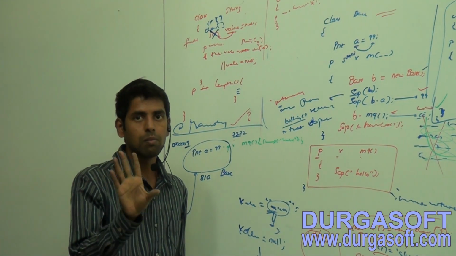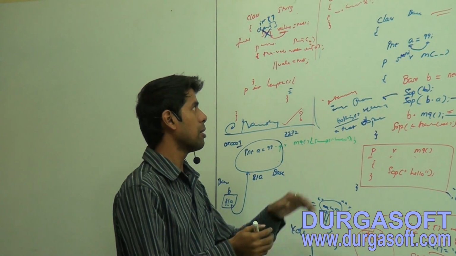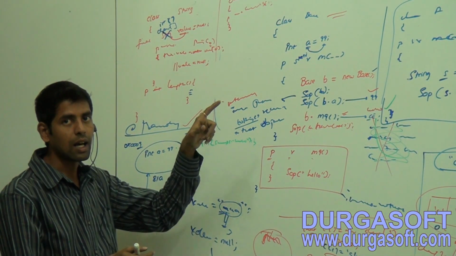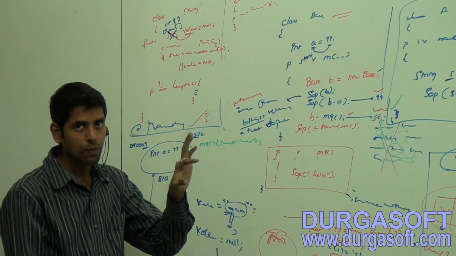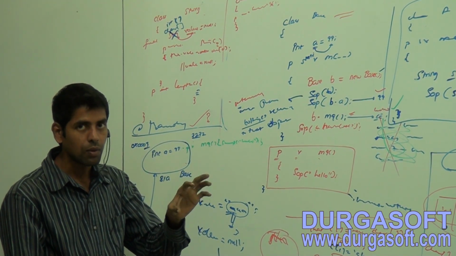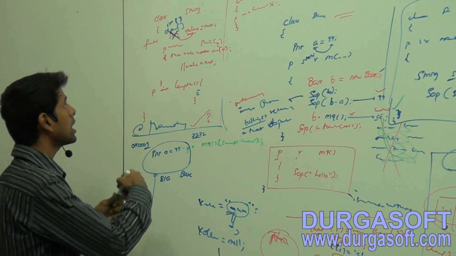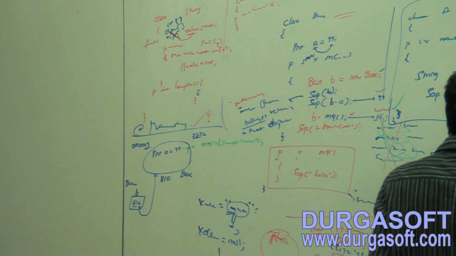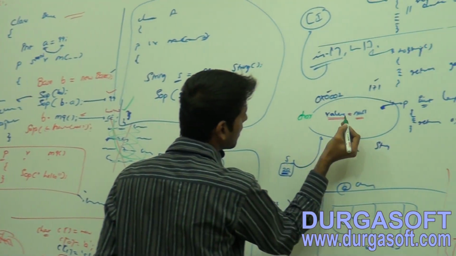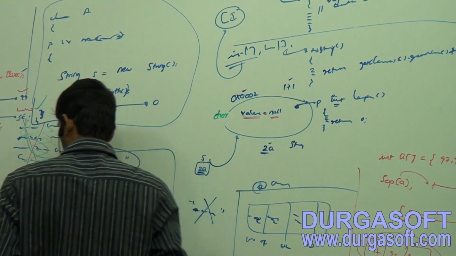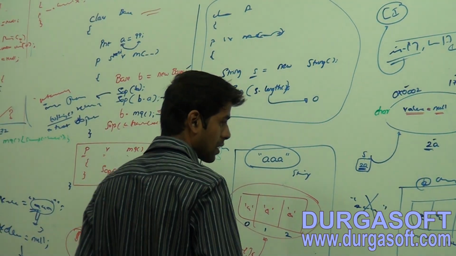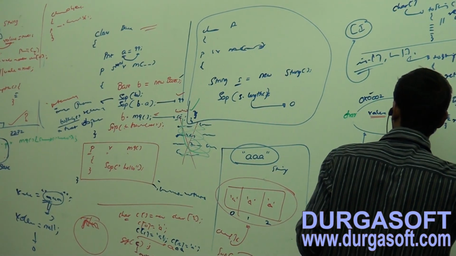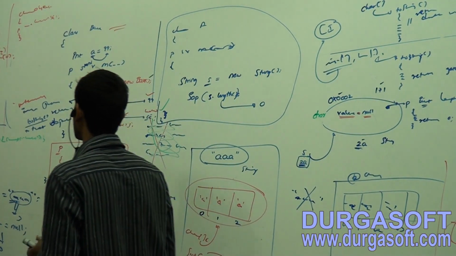The number of blocks available within the value. The value type is what? Char. Initially it will be null.